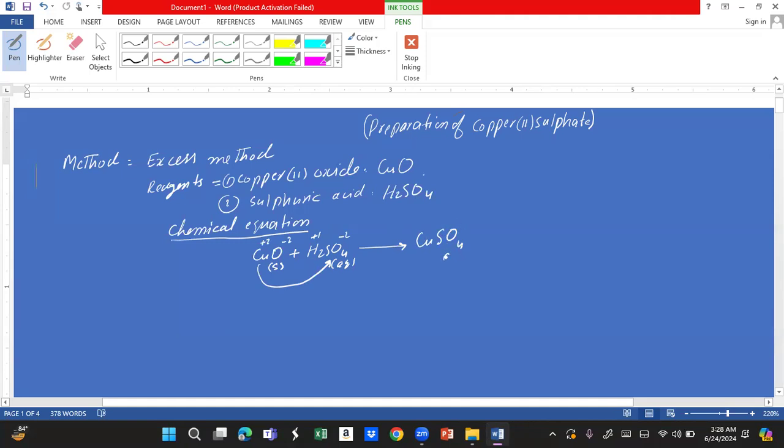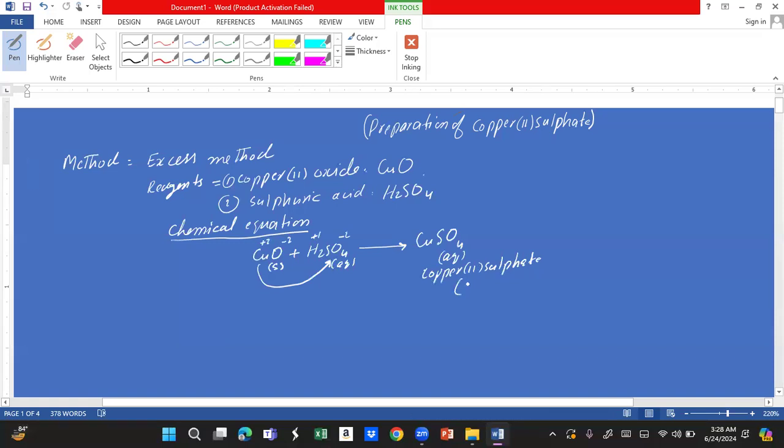This is aqueous, and it is copper(II) sulfate. Boys, when you study, you must memorize the colors of important compounds.